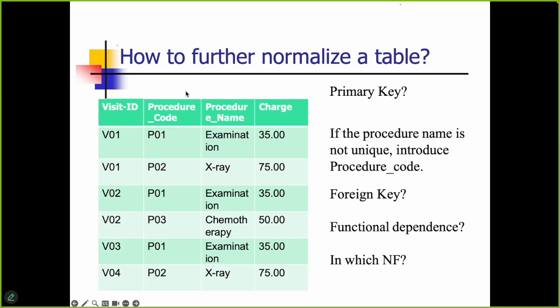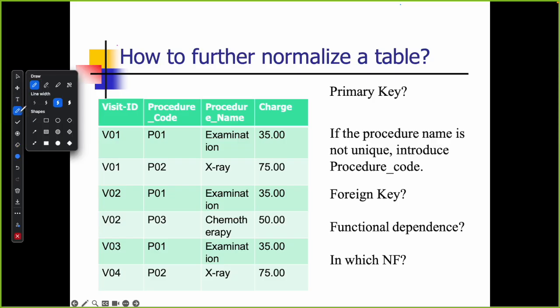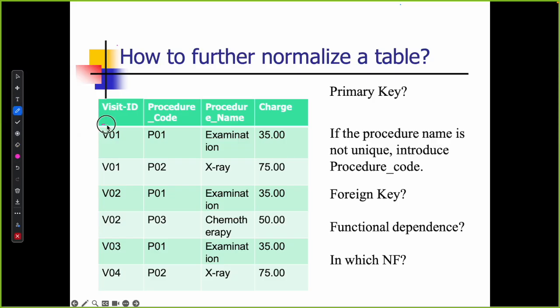Now let's say visit ID and procedure code are your composite primary key. If this is your primary key, what dependencies do we have? The dependency between procedure code and procedure name is a partial dependency.